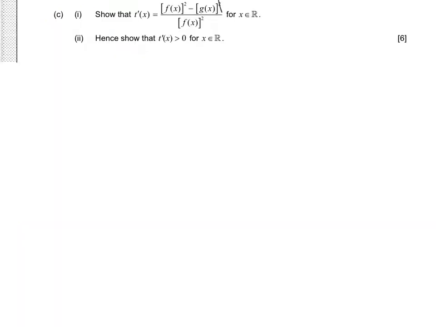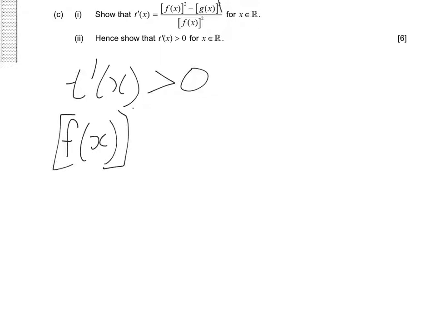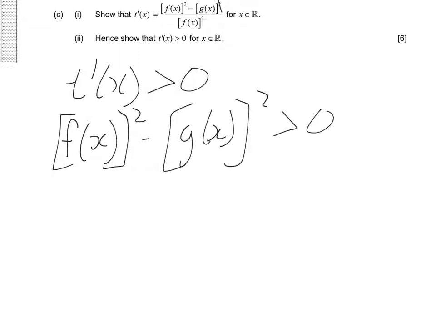Last part of this mammoth question is to show that t dashed of x is greater than 0 for all x. Well, if t dashed of x is greater than 0, that must mean f of x squared minus g of x squared has to be greater than 0, or that f of x squared has to be greater than g of x squared.